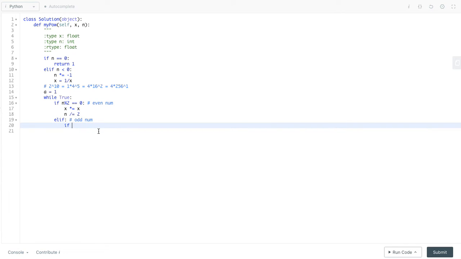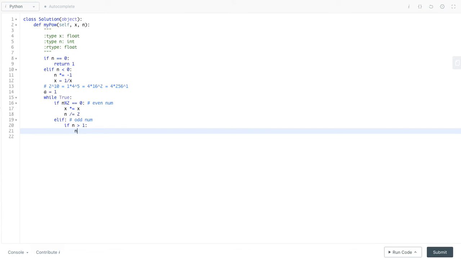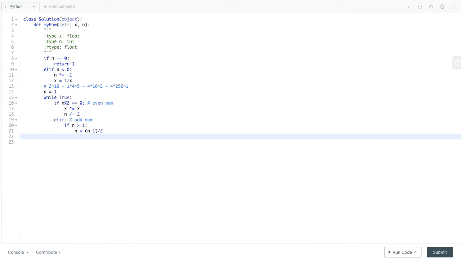So they're different. If it's greater than 1, we know n will be n minus 1 divided by 2, like this 5 minus 1 divided by 2. And in this condition, we take 1 x out.